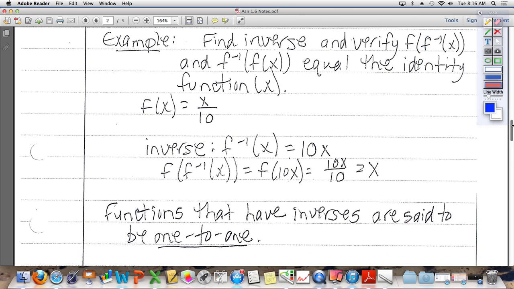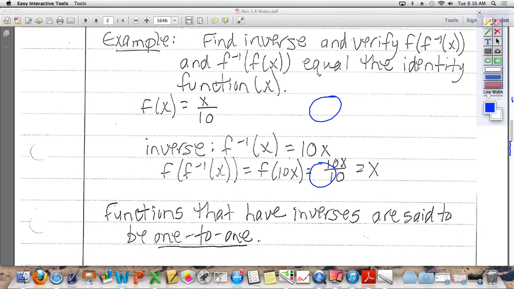So if you have a function f of x equal to x over 10, well, if you're dividing x by 10, then to do the inverse of it, you have to multiply by 10. So you're going to go 10 times x instead. So when you compose the original function with the inverse function, you're going to end up, of course, with the identity function, like I just said.